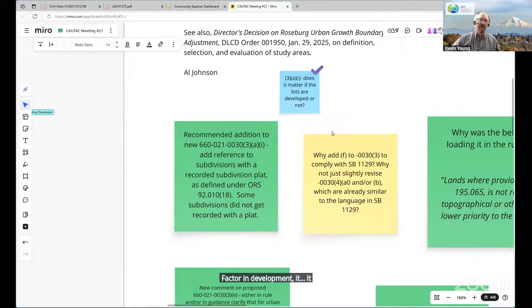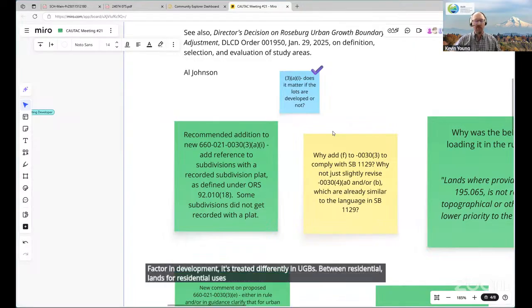It's treated differently in UGBs between lands for residential uses and lands for employment uses. Maybe that's getting too far down into the weeds, but I do think it highlights a question or a difference between UGBs and urban reserve areas.